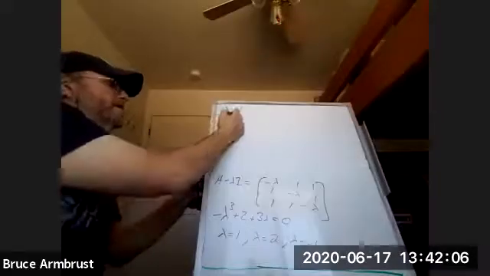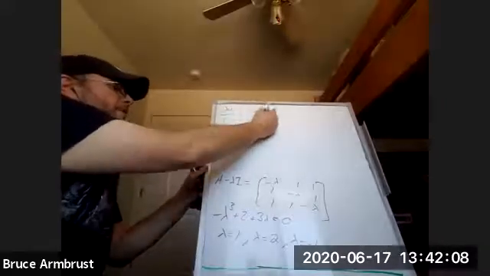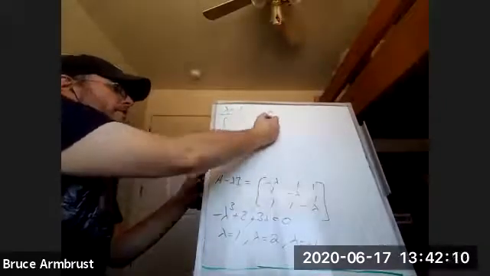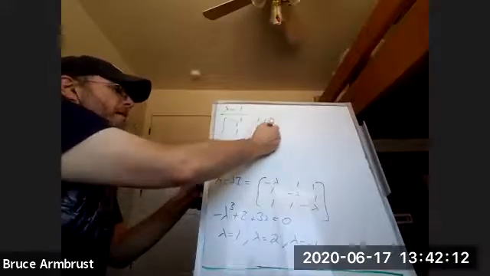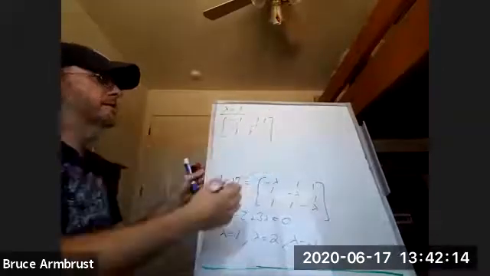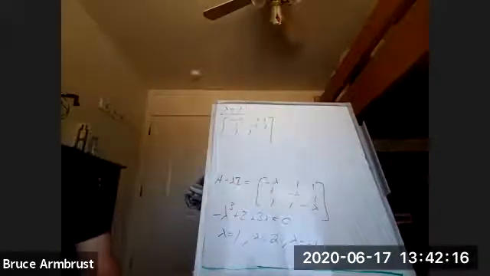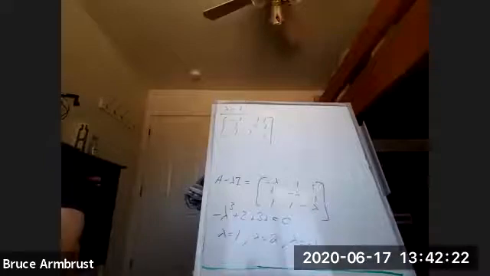So let's start with lambda equals 1. If lambda equals 1, we now have -1, 1, 1, 1, -1, 1, and 1, 1, -1. Okay, now let's go to RREF.